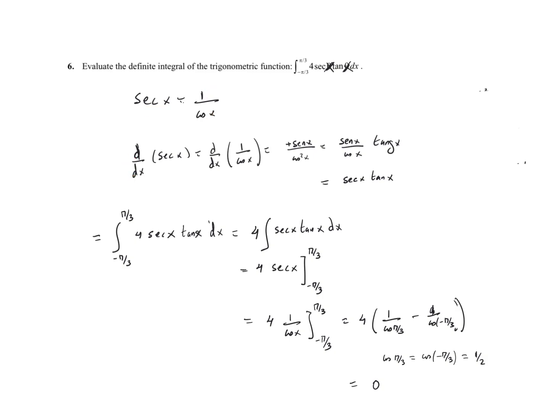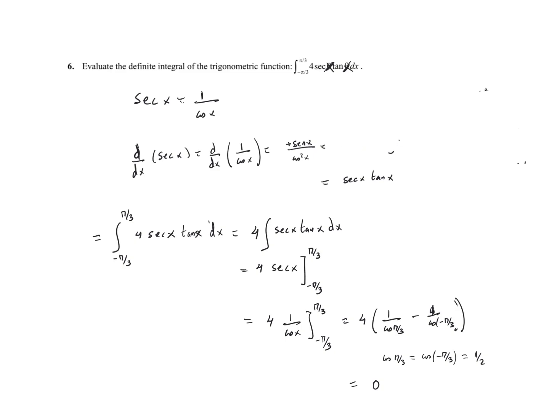So the derivative of secant of x is the derivative of 1 divided by cosine of x. And the derivative of 1 divided by cosine of x is sine of x divided by cosine square of x. Oh, sorry, there is a mistake here. Let's go to erase here.